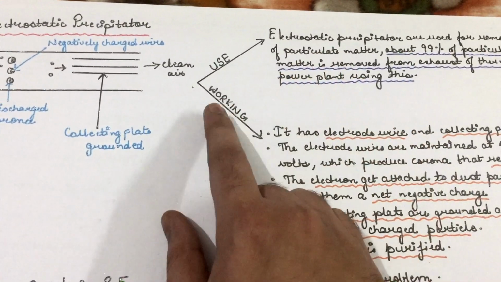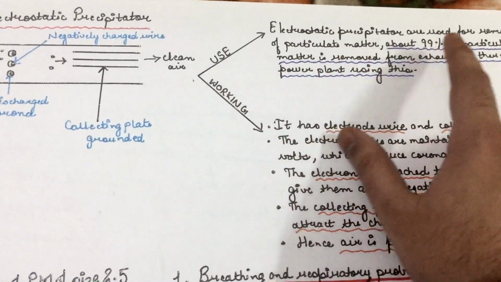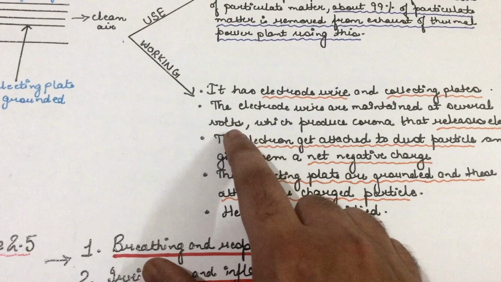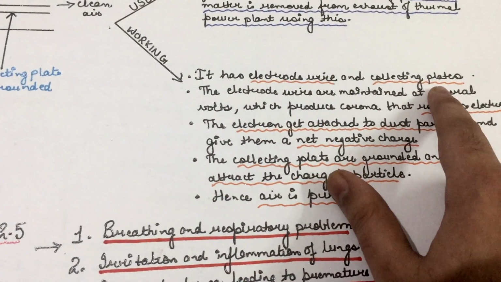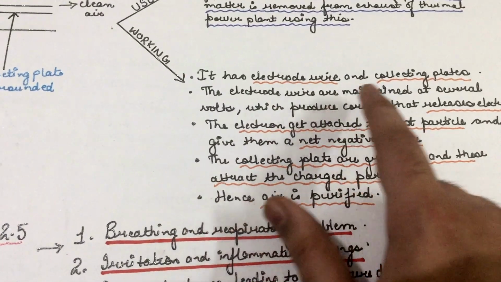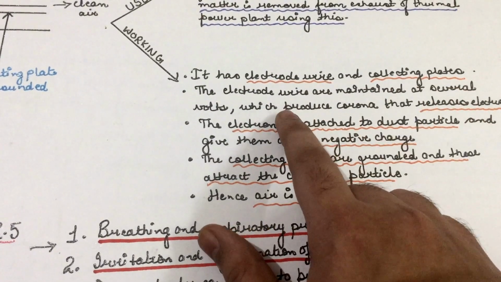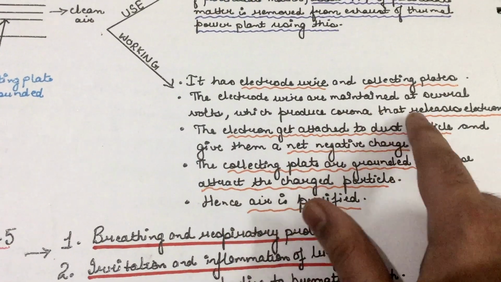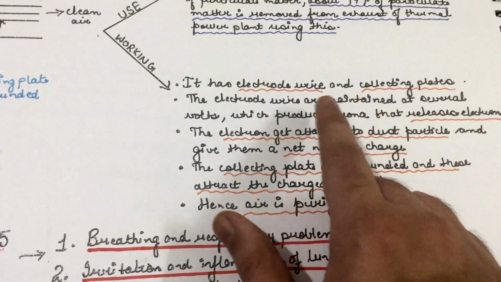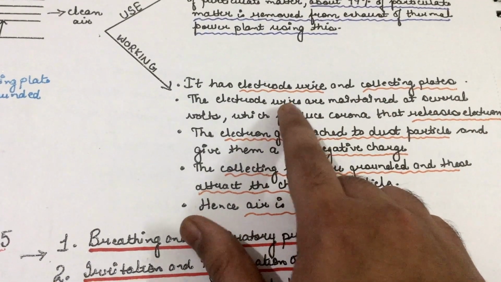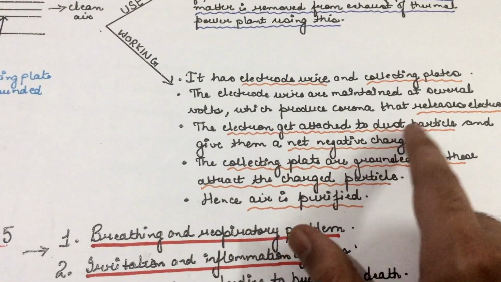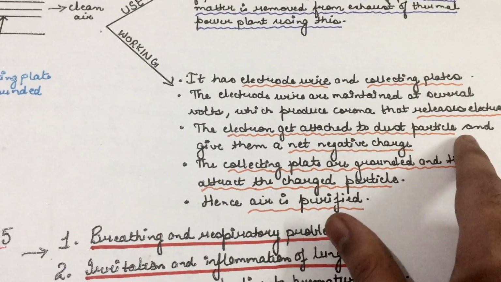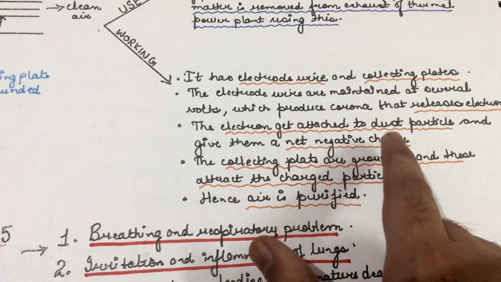So let us look at the working of the electrostatic precipitator. It consists of electrodes and collecting plates. The electrode wires are maintained at several kilovolts, which produce a corona that releases electrons. These electrons get attached to the dust particles and give them a net negative charge.